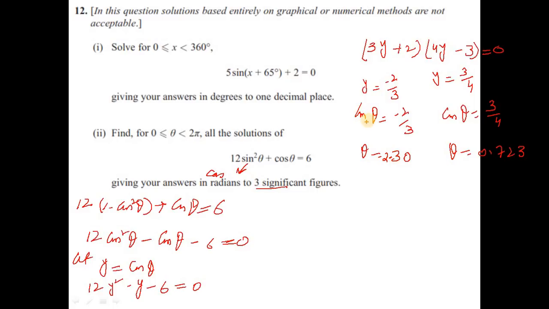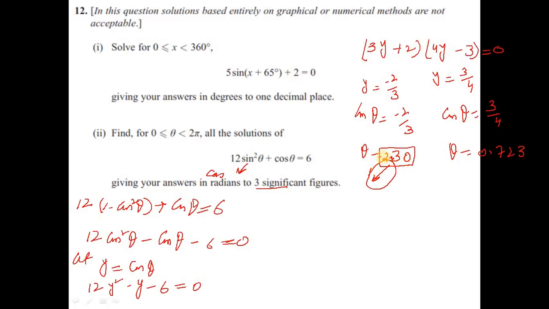Because cos is negative, and we know that cos remains negative in the second and the third quadrant. But this angle is greater than pi by 2. In order to visualize the position of the angle, I am subtracting this angle from pi. It's just for understanding, okay?